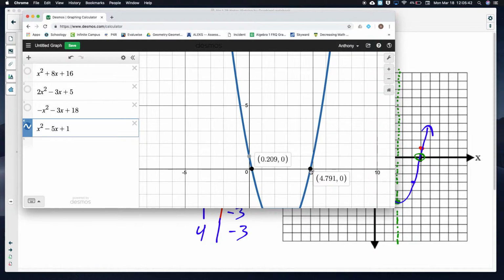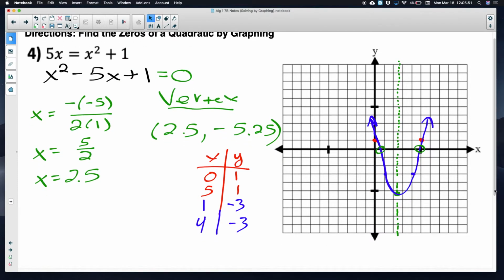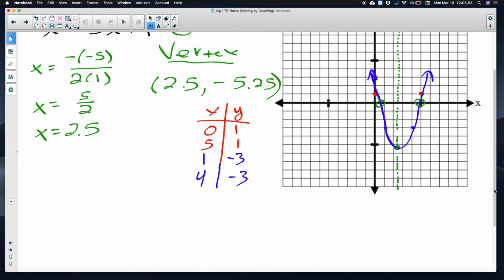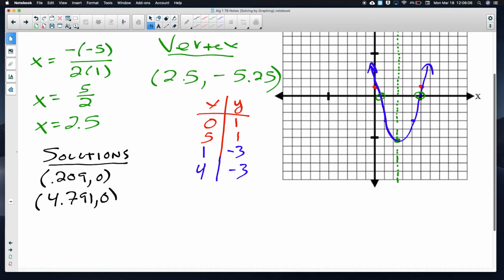So let's go back here. And let's say that our solutions, the ordered pairs, were (0.209, 0) and (4.791, 0), or we could say x equals 0.209 and x equals 4.791.